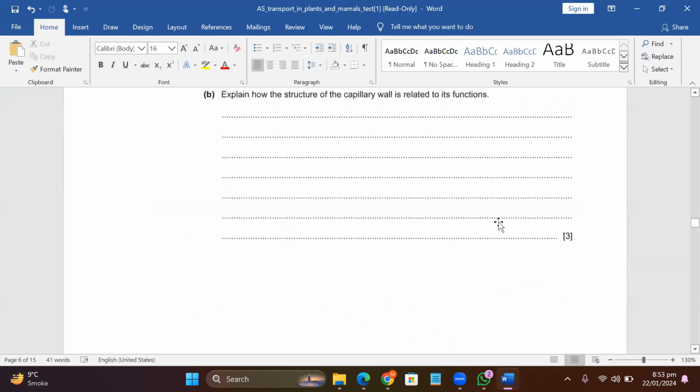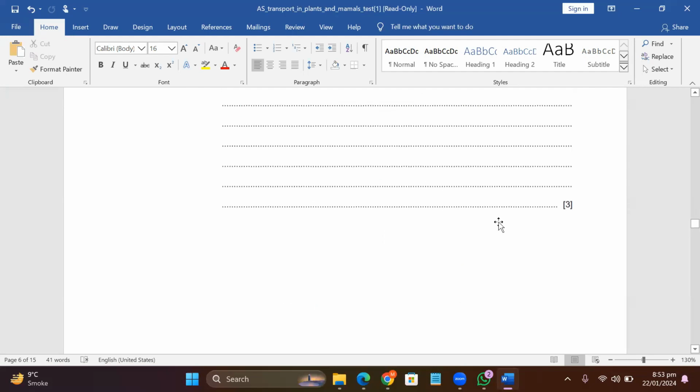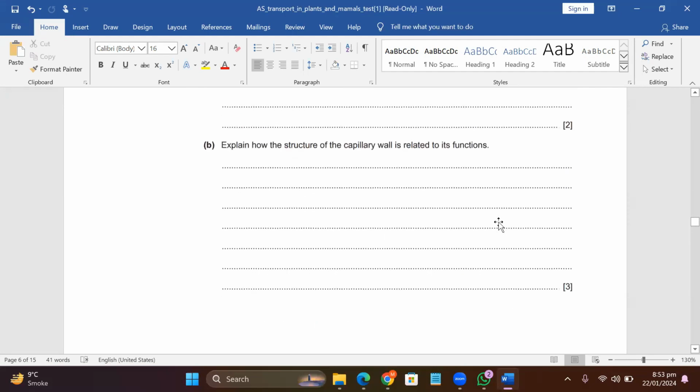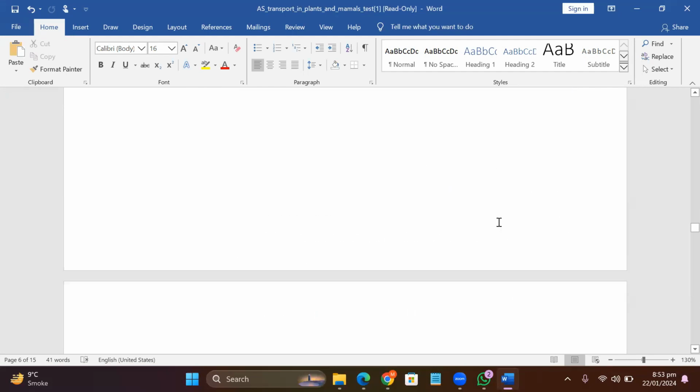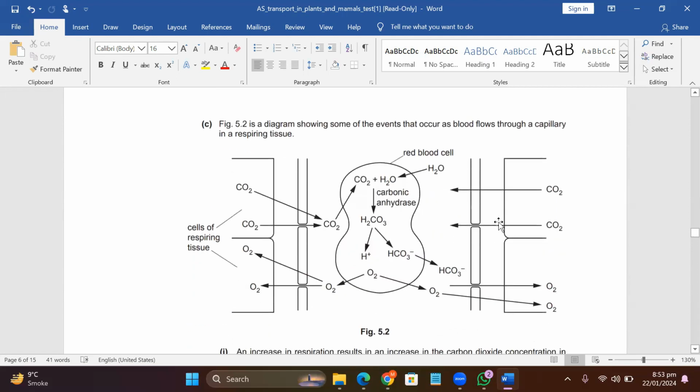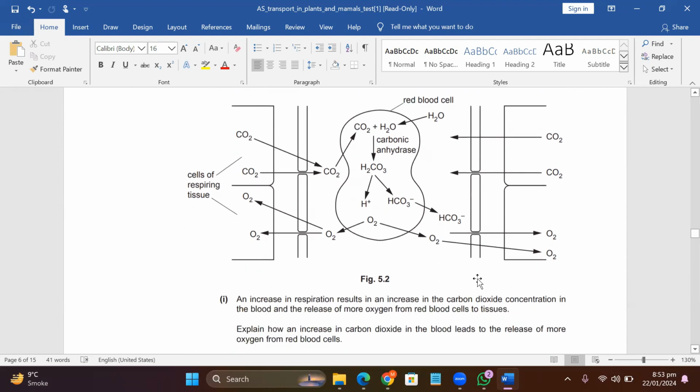Okay, figure. Is this clear? Explain how the structure of the capillary wall is related to its function. Now, next is Figure 5.2, a diagram showing some of the events that occur as blood flows through a capillary in a respiring tissue. You can see the cells respiring, releasing carbon dioxide and giving it off. This is the lining of the capillary, this is the red blood cell, and these are also tissues giving off carbon dioxide.